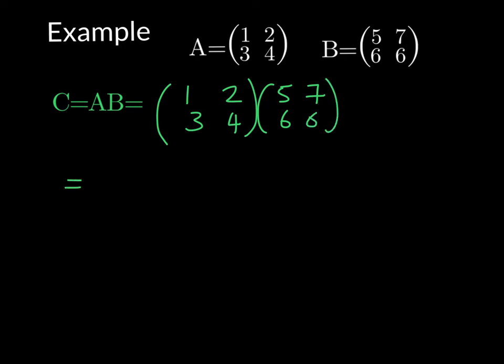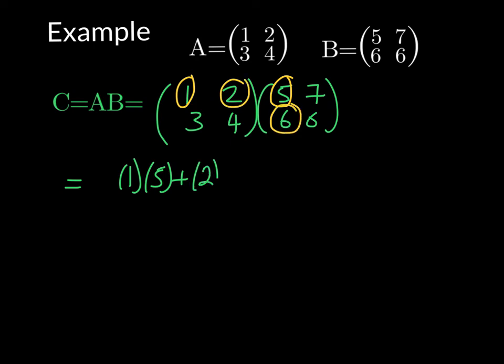So element C11 will be equal to 1 multiplied by this 5, and then that will be added to 2 multiplied by 6. Let's not worry about actually getting the final numbers right now. I'm going to skip on to the next element, and then we'll do the final calculations in the next step.